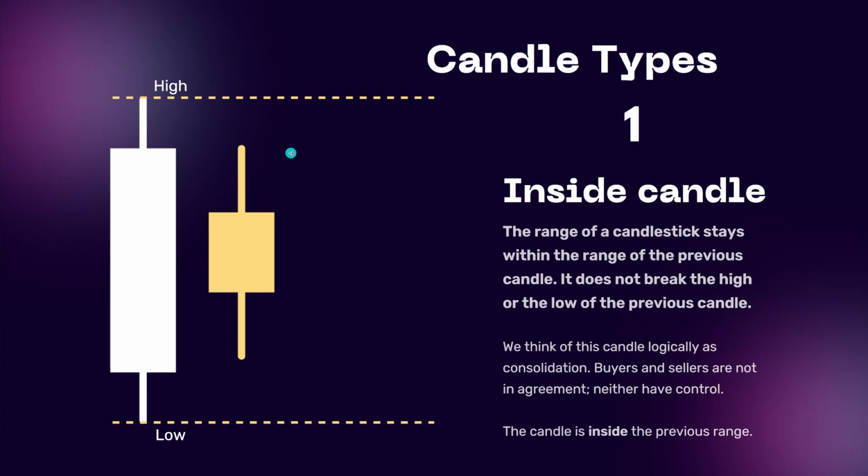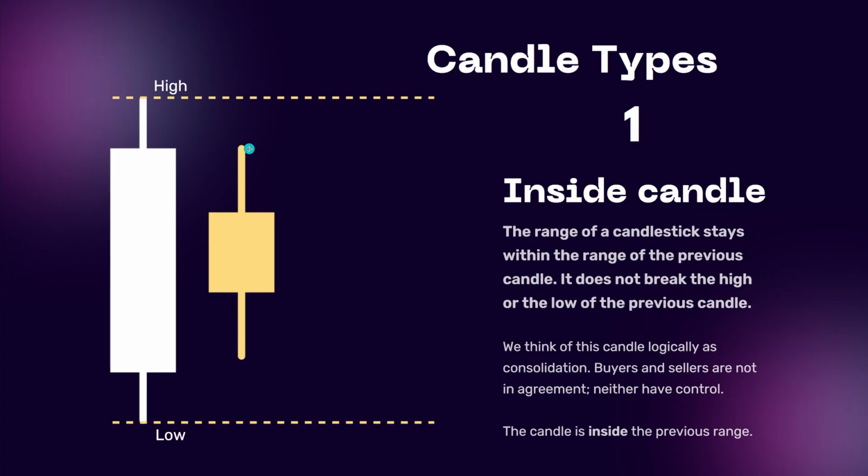Pretend this is the daily time frame, and each candle is one single full day. An inside candle is when the range of a candle stays within the range of the previous one. It does not break the high or low of the previous candle.